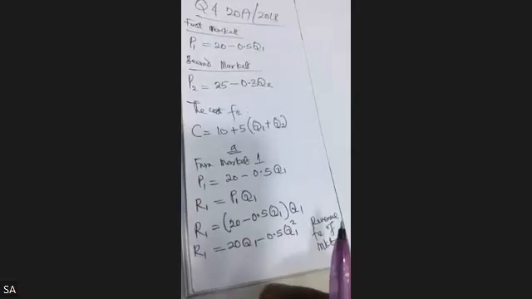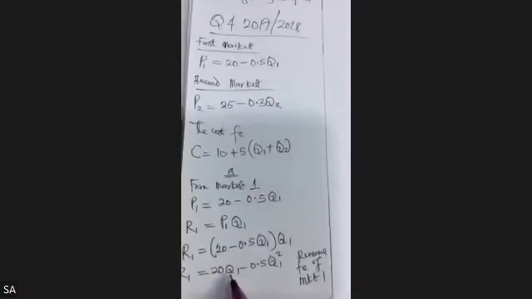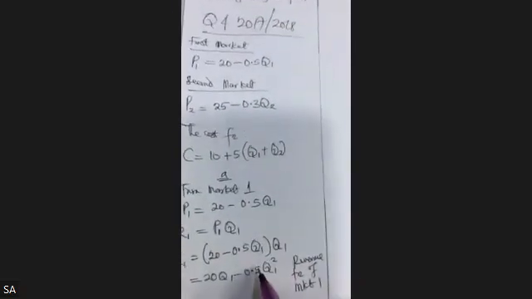Now let's find marginal revenue. Class, the marginal revenue of market one will be equal to the change in revenue of market one with respect to the change in quantity of market one. So we are differentiating this. This will give us 20. 2 times 0.5 will give us 1.